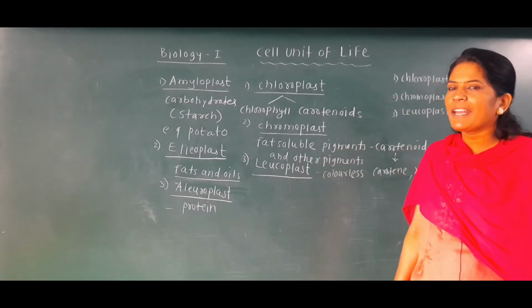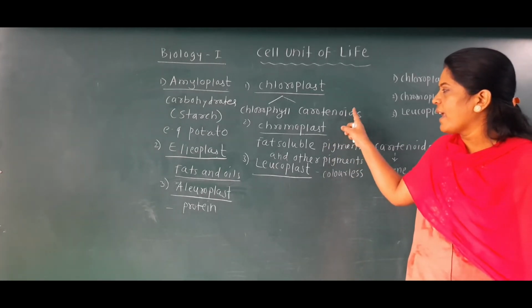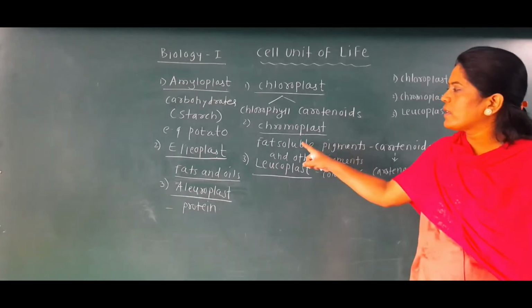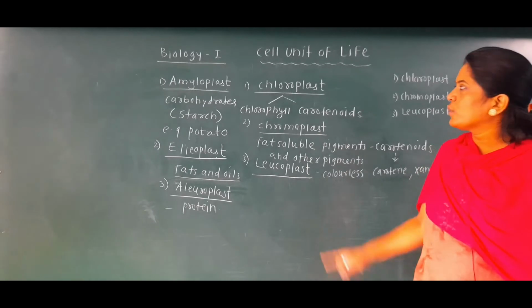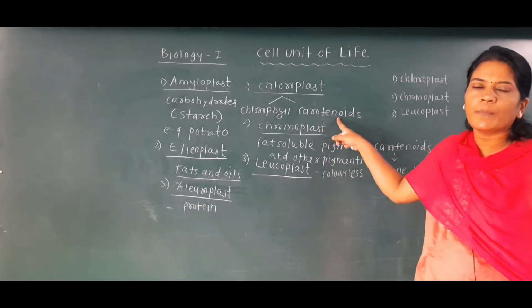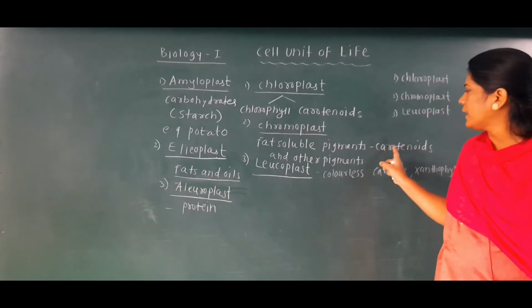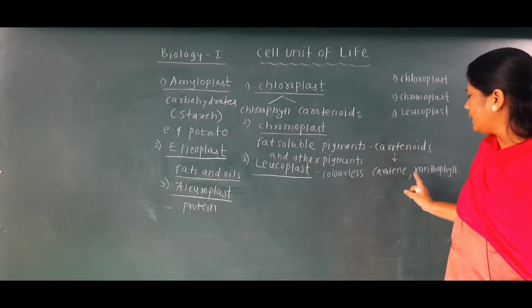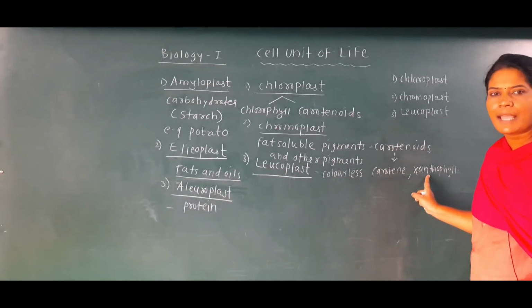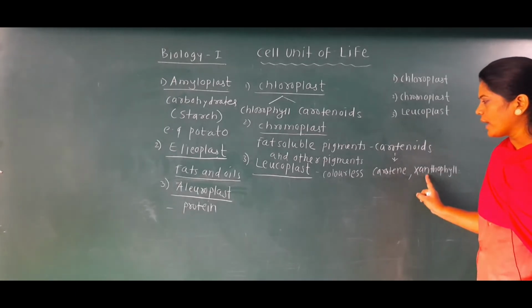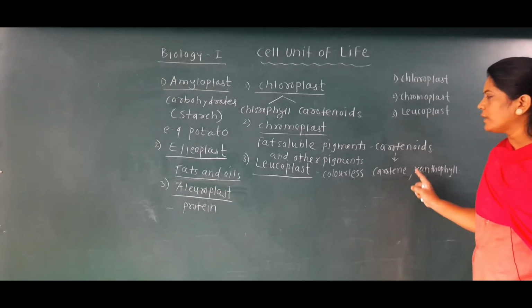Students may get confused whether the carotenoid in the chromoplast is the same. Here you have to remember that carotenoid contains two pigments, carotene and xanthophyll, which together are called carotenoid.